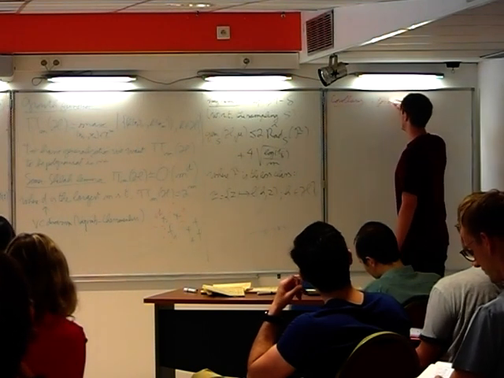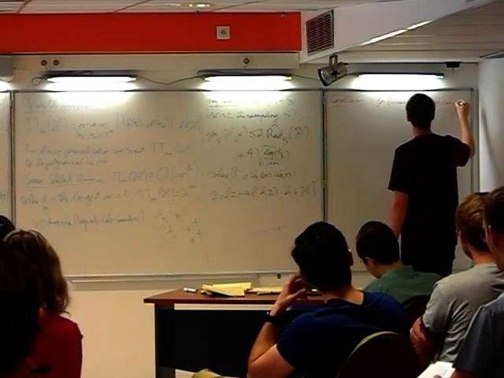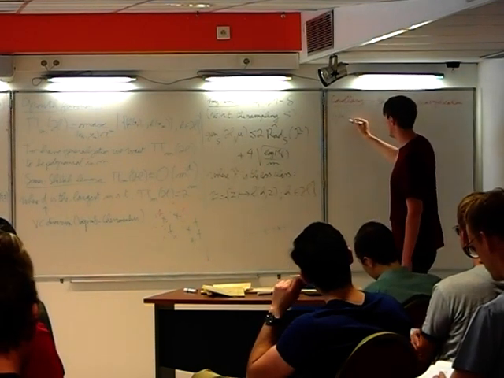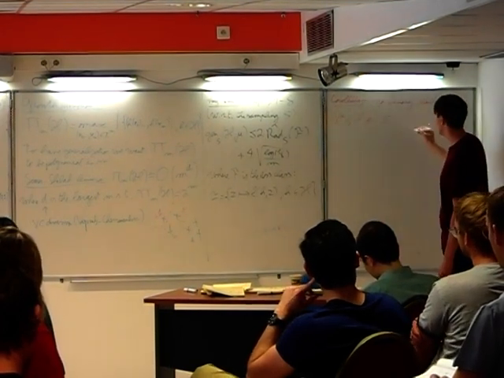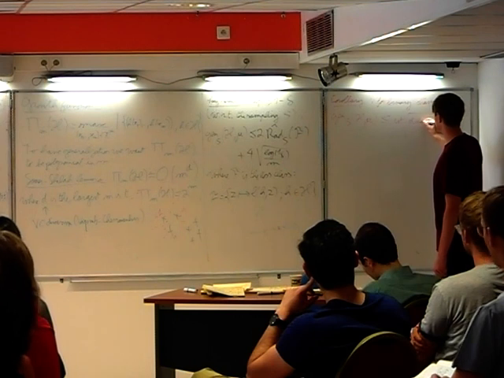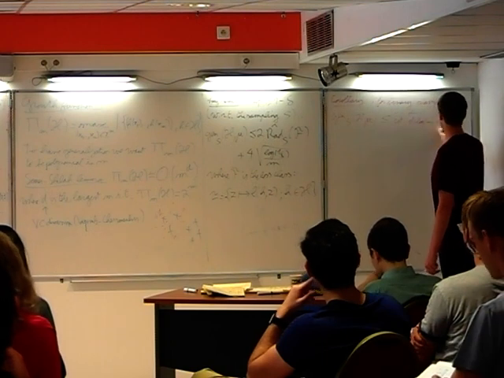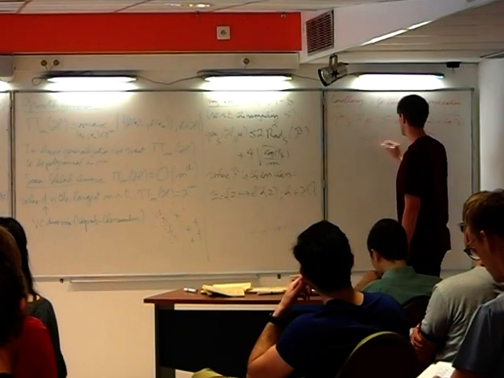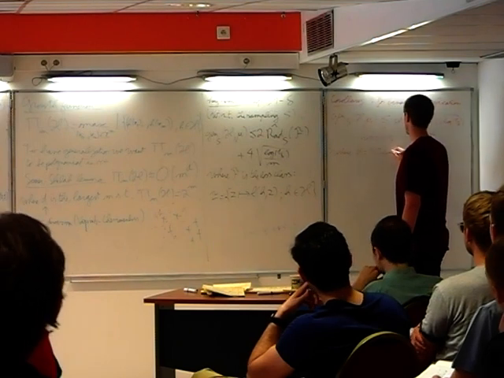For binary classification, the generalization on S of H is upper bounded by some constant times square root of (d log n plus log 1 over delta) over n. This happens with probability at least 1 minus delta, where d is equal to the VC dimension of H.